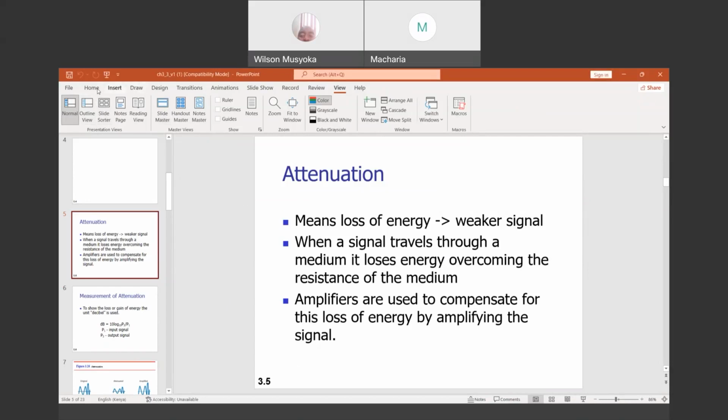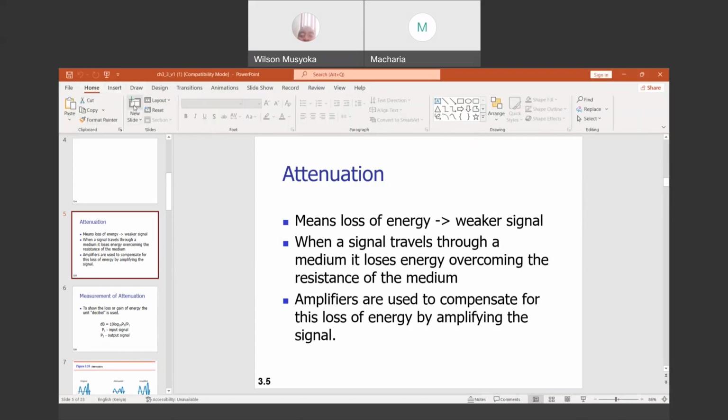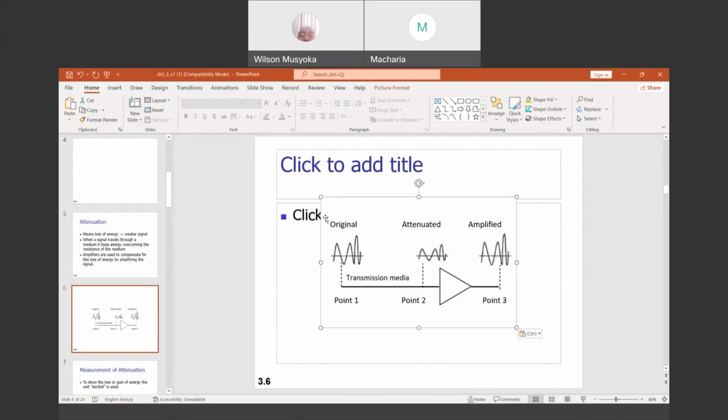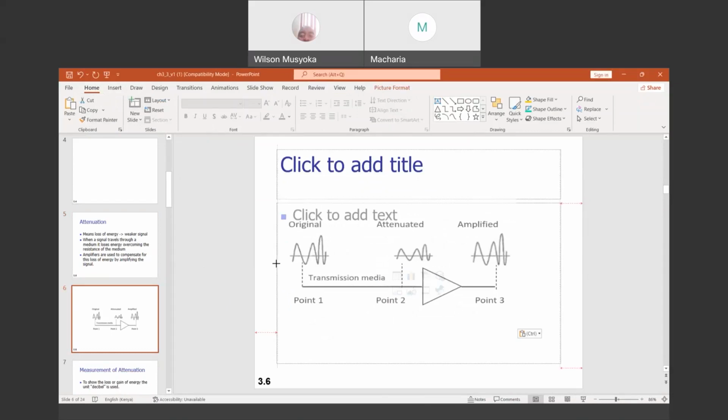So if I start a new slide there, I show you how the signal would look.